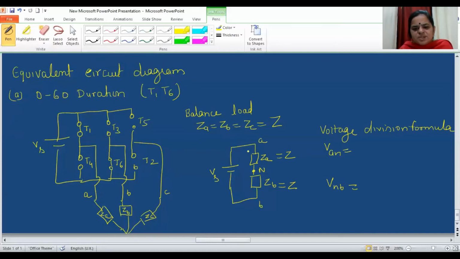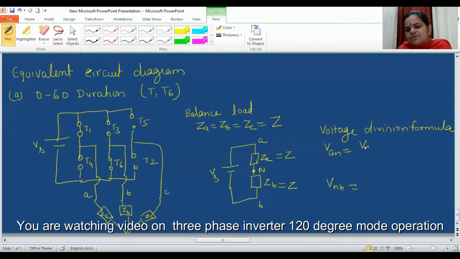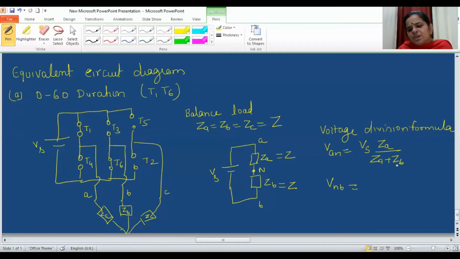The voltage across ZA will be equal to the supply voltage multiplied by the impedance ZA, that is equal to Z, divided by the addition of the two impedances which are series connected. So by applying the voltage division formula, I get Vs ZA upon ZA plus ZB. Now since it is a balanced load, Z upon 2 into Z.